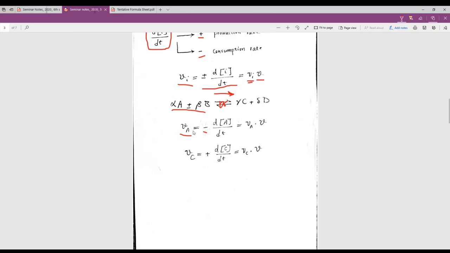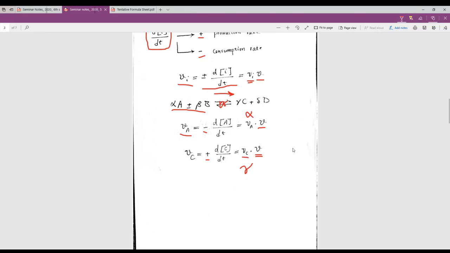And how can we relate this to the general rate? You just multiply it by nu A, which is the stoichiometric coefficient here, which is alpha. Sorry guys, I'm using a mouse and my handwriting is awful here. For C, it's a product, so the sign is a positive sign. And the same thing, dC over dt, but we use the stoichiometric coefficient for C, which is gamma. So this is gamma here, gamma times epsilon, which is the general rate.